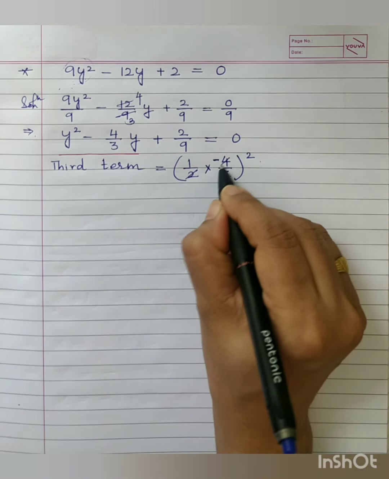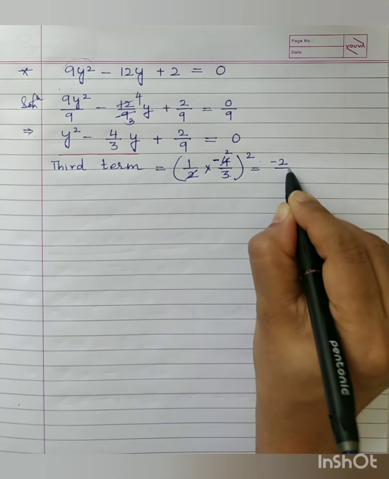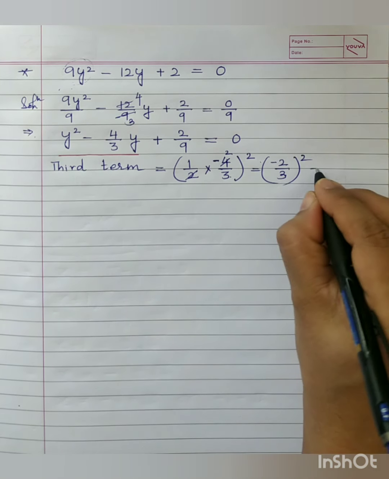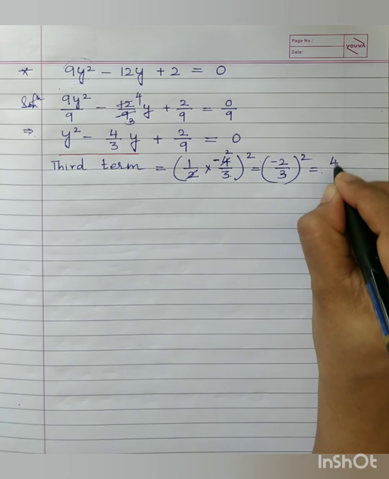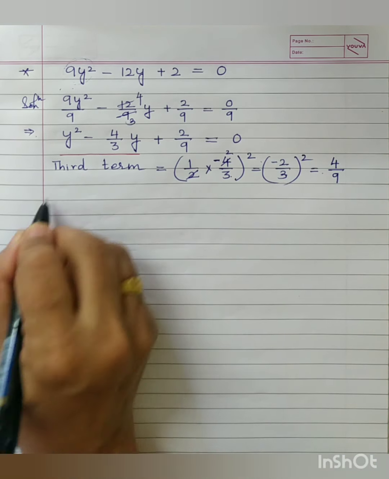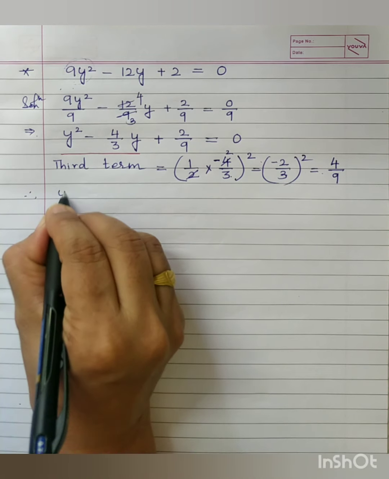What you can simplify here is 2. So you get minus 2 upon 3 the whole square. That comes as what? 4 upon 9, right? So we will be making it a perfect square trinomial now.